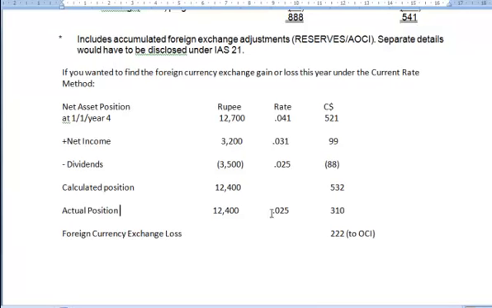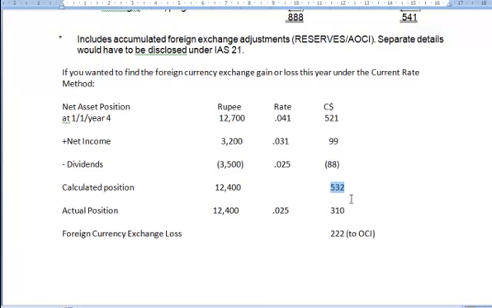And then we translate that at the spot rate, because all assets and liabilities under the current rate method are translated at the spot rate. We're going to get 310,000. So because we had the sub do it for us, we have a net asset position of 310,000. However, if we had done it ourselves, we would have had a net asset position which was bigger at 532,000.